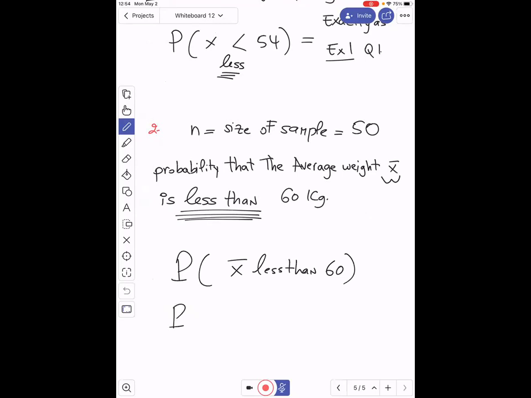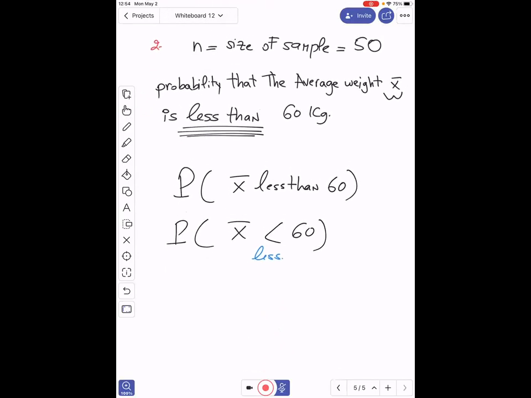So this is the probability that X bar is less than 60. This is the symbol for less. There is a difference here with number 1, because here it's not X, it's X bar.